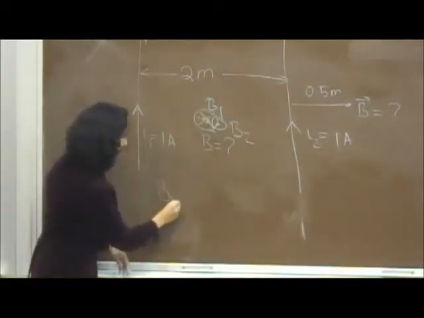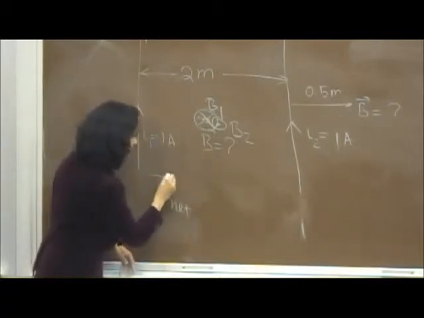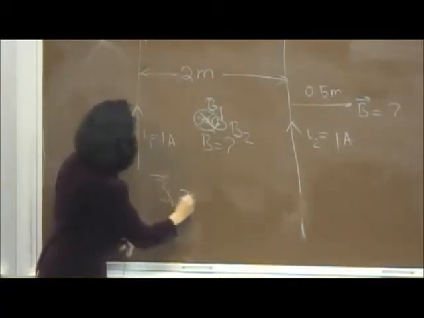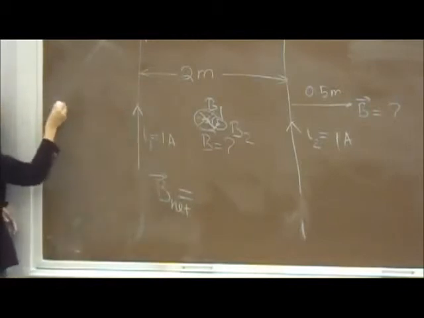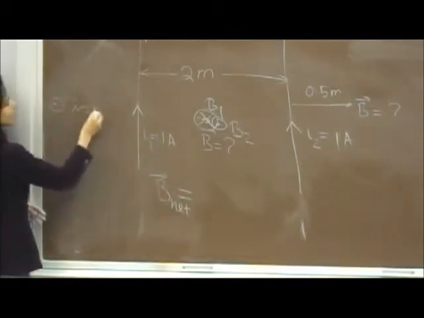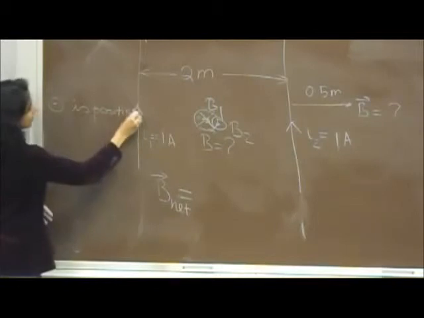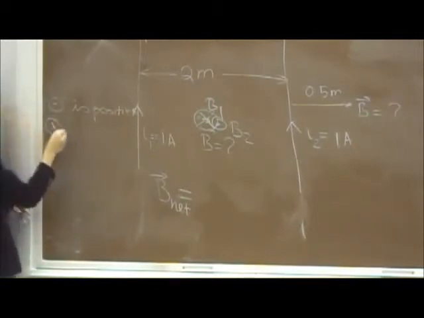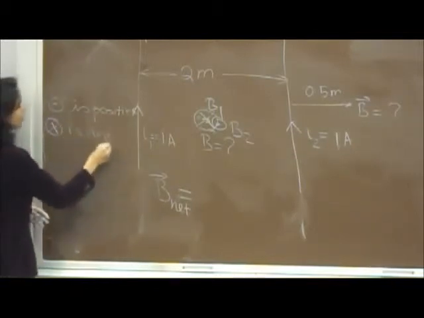Okay, so let's figure out what is B net then. B net, first of all, is going to be, let's say that out is positive. This is my convention. You don't have to choose it, but you clearly should say what is positive for you and what is negative for you.